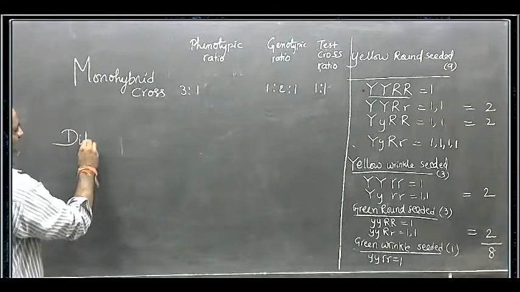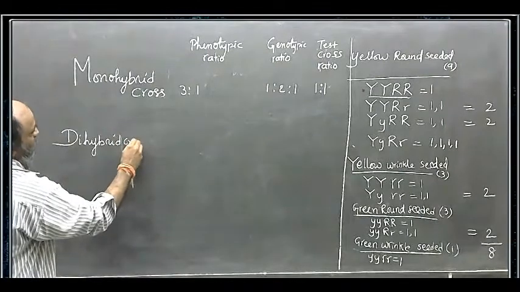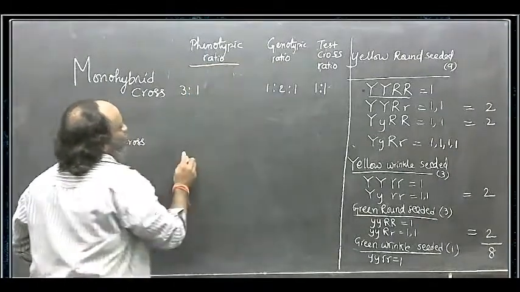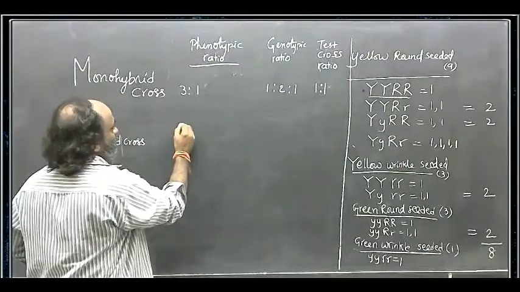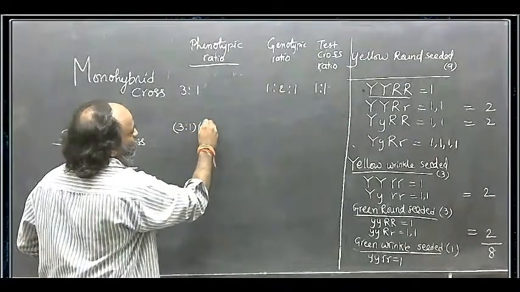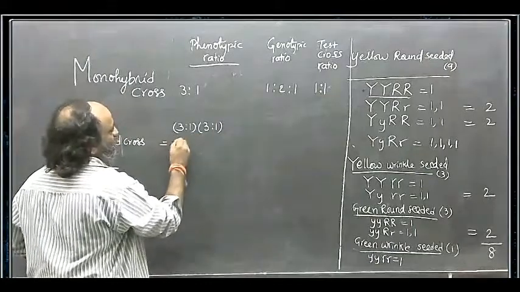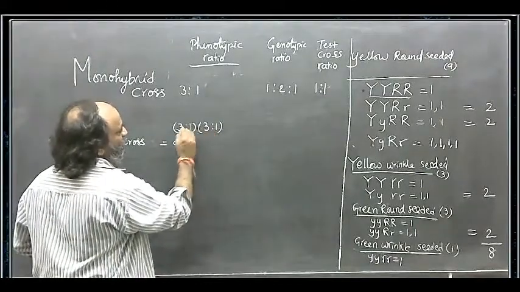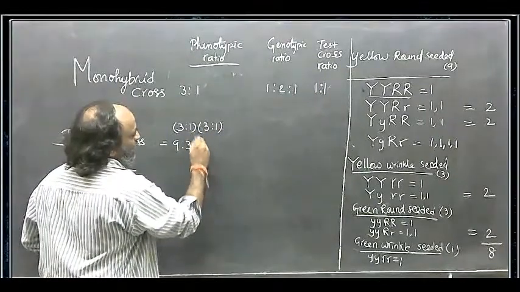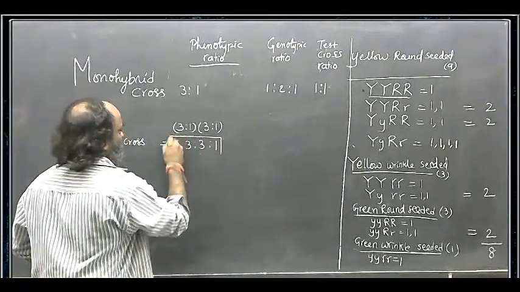For dihybrid cross, what is the phenotypic ratio of a dihybrid cross? You can work out as 3:1 into 3:1. Now we will get 9, 3 into 1, 3, 1 into 3, 1 into 1. So 9:3:3:1.